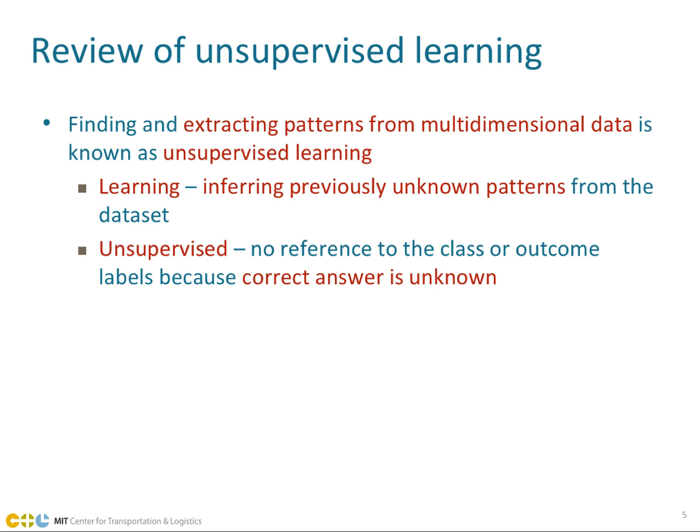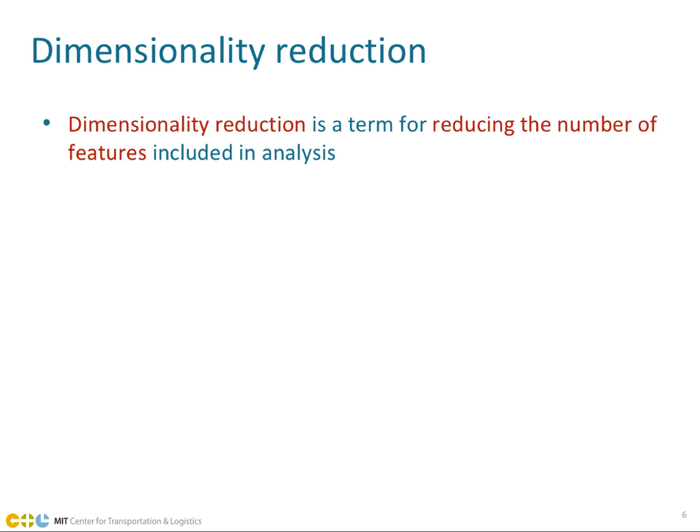And why is this important? This is one of the things that we'll have to think about and why we have to grapple with dimensionality reduction. So dimensionality reduction refers to the idea of reducing the number of features that are included in your analysis. And as I said before, we might have many different features that are available in an input data set. If you think about an order data set for a company, there might be hundreds of different possible characteristics that we can use to actually try and make inferences about any given order.